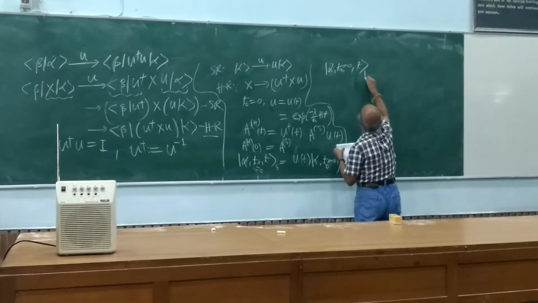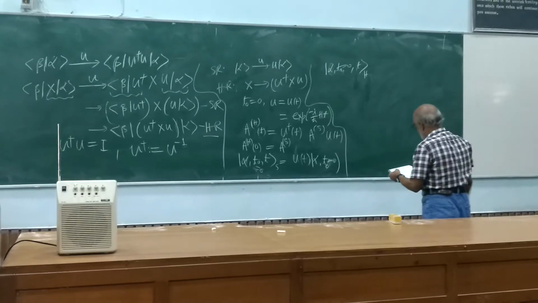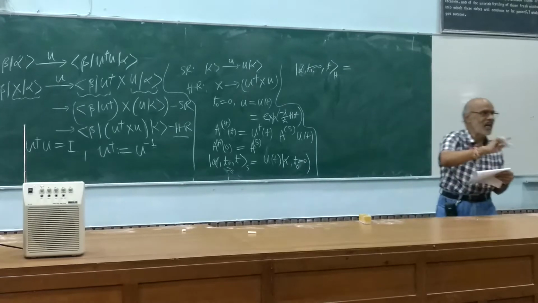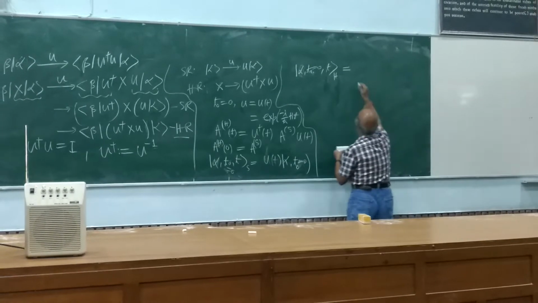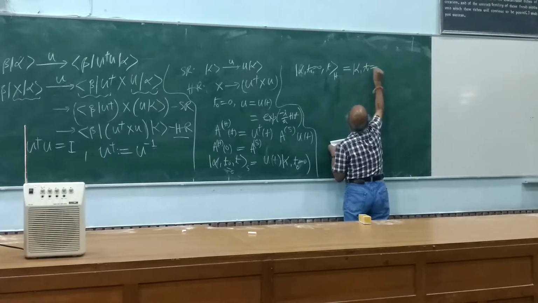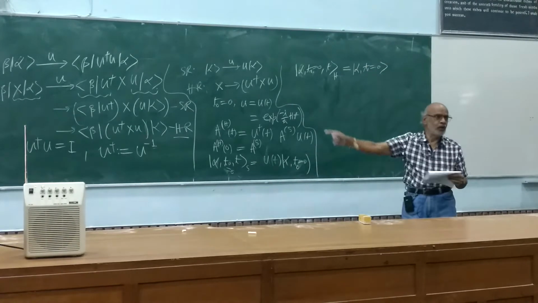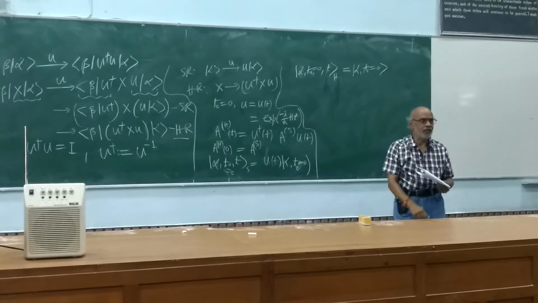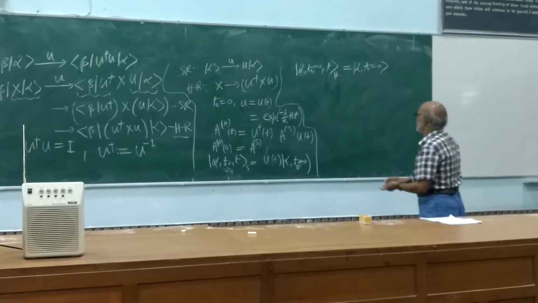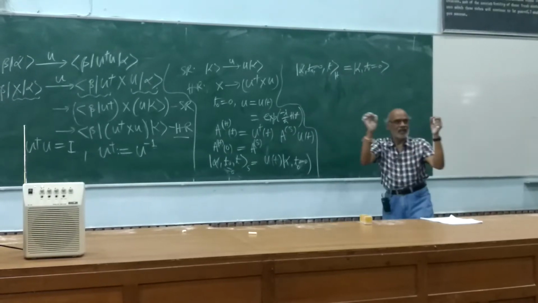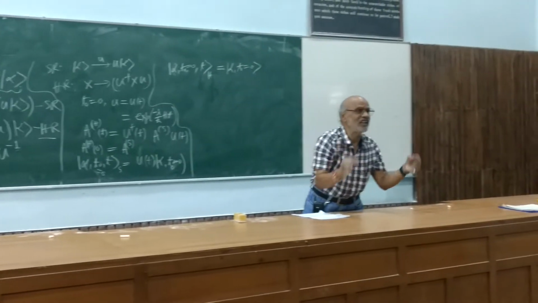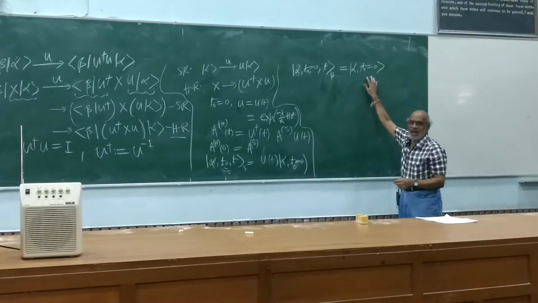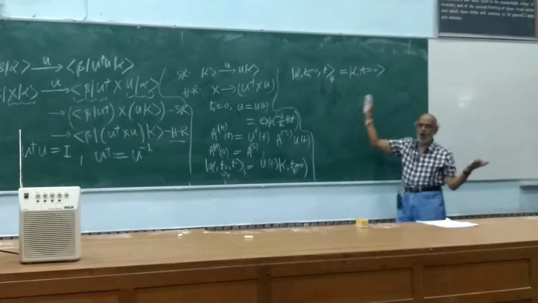This is my Heisenberg state vector, and this has to remain fixed or frozen in time, so it must not evolve, and therefore this is equal to the same as the initial value. So this guy, the state vector in the Heisenberg representation, remains the same as it was at time T0, for all times.